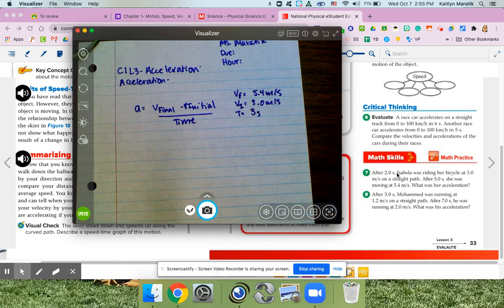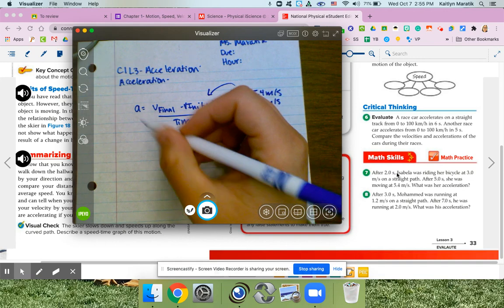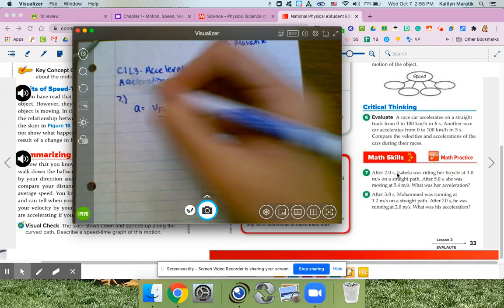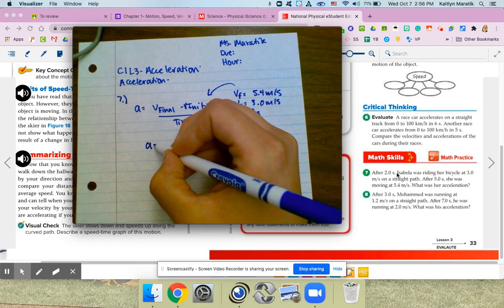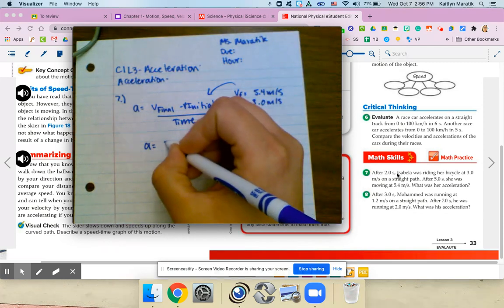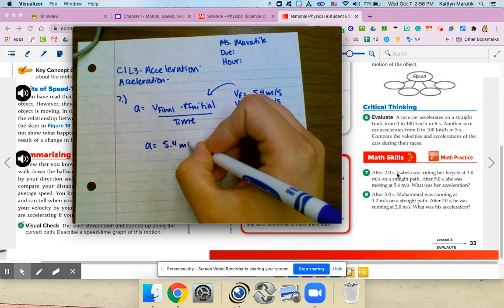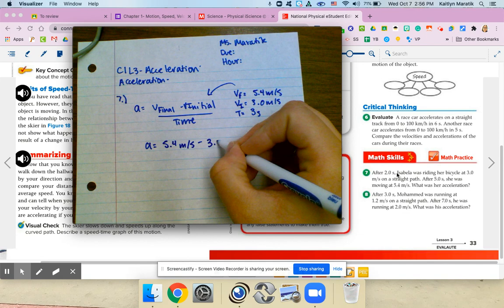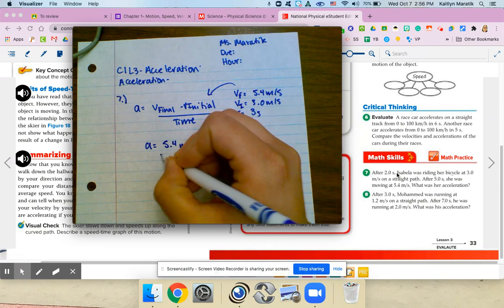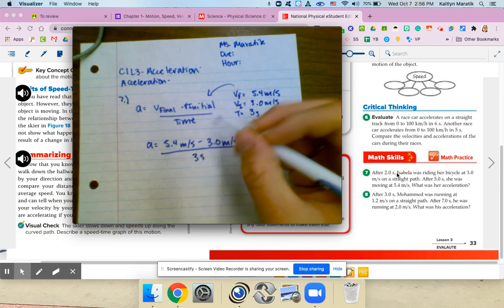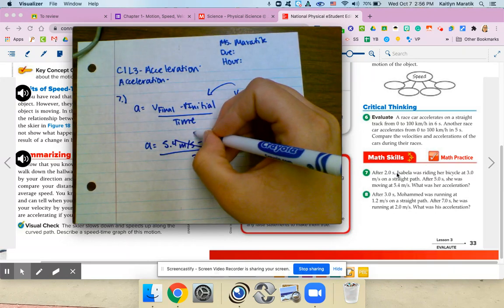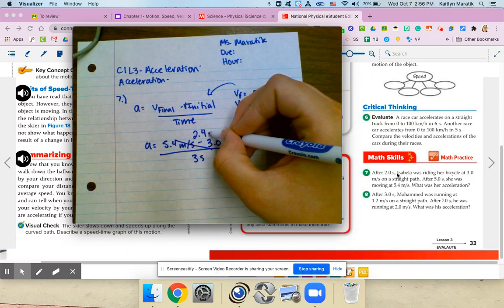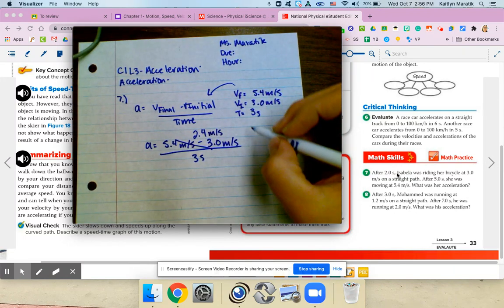So now when I tuck these all in, for number 7, I'd rewrite it and go acceleration is equal to 5.4 meters per second minus 3.0 meters per second, all divided by 3 seconds. So this is going to be what? 2.4 meters per second.